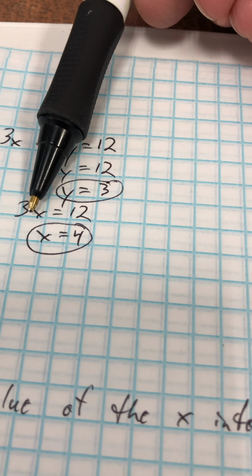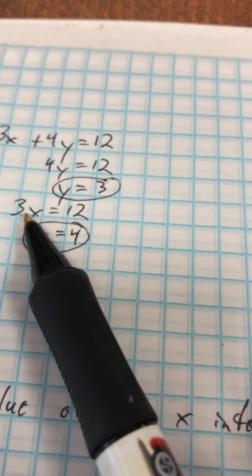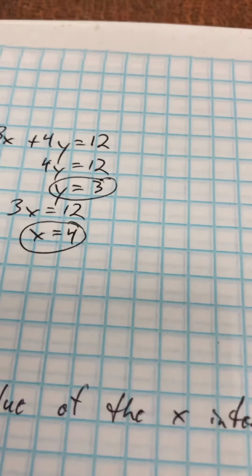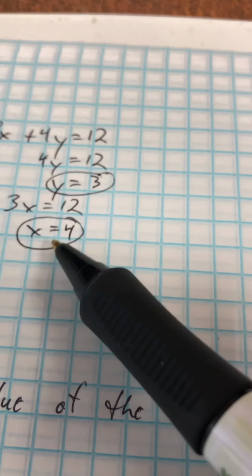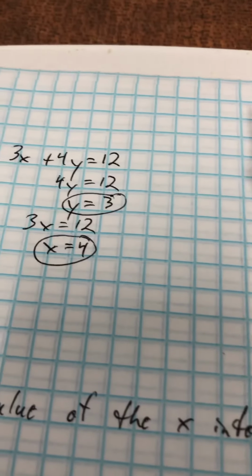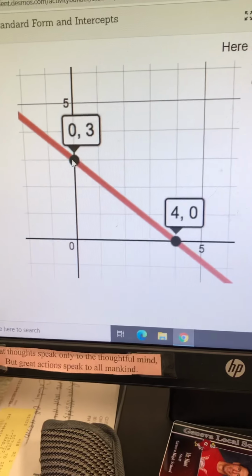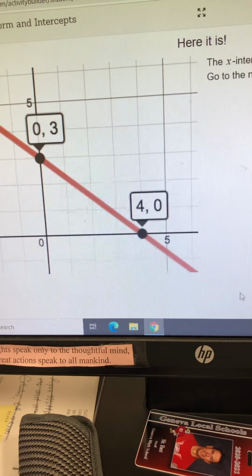That's why I covered up the 4y. So I divide both sides by 3. 12 divided by 3 gives me x equals 4. So the y-intercept is 3 and the x-intercept is 4. So go to the next one, and there it is. The y-intercept is 3, the x-intercept is 4, and you would connect those 2 points with a line.